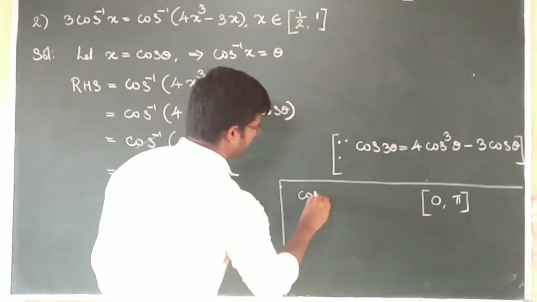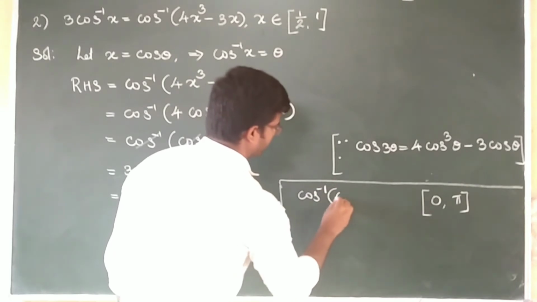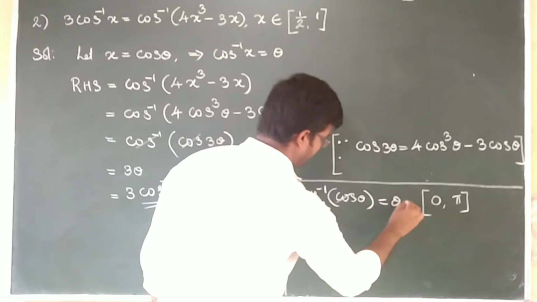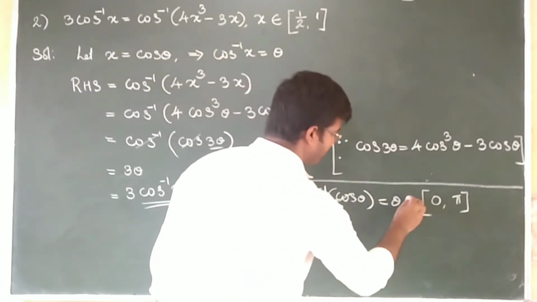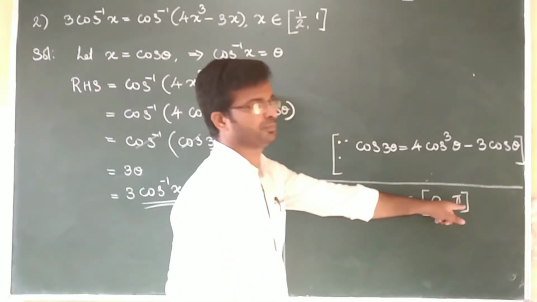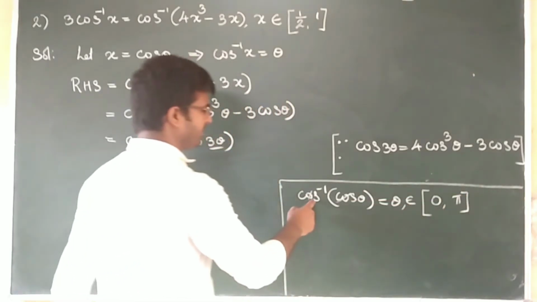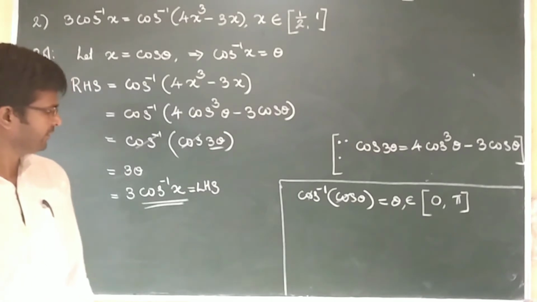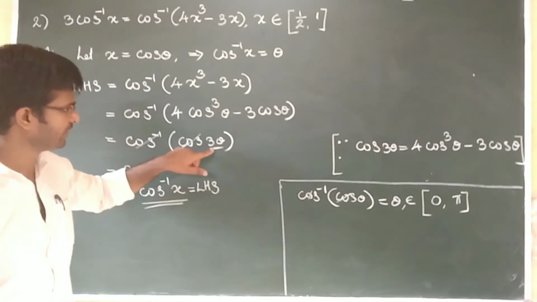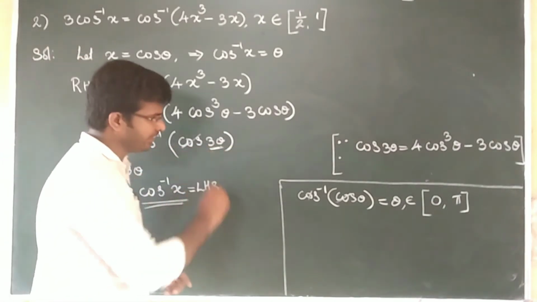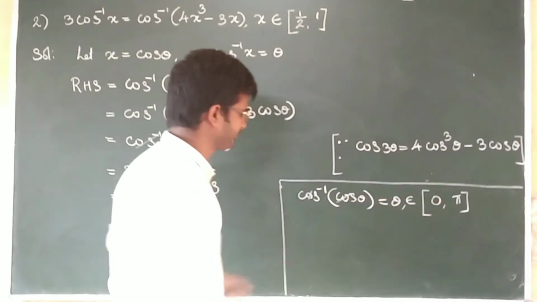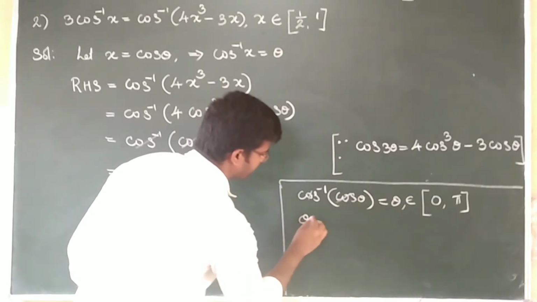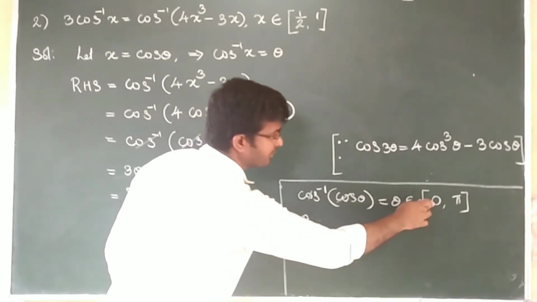Cos inverse cos theta equals theta when theta is between 0 and pi. Then only we can cancel cos inverse and cos. Check whether this 3 theta is between 0 to pi or not. Now we got theta is between 0 and pi.